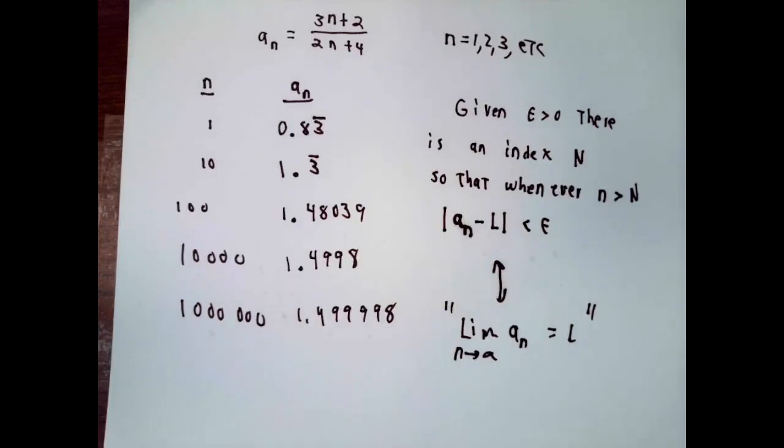The L in our example would be 1.5. We're going to take this to be the definition of the symbol limit as n goes to infinity, a sub n equals L. Whether or not any of the a sub n's ever are exactly equal to L or not is irrelevant to me.